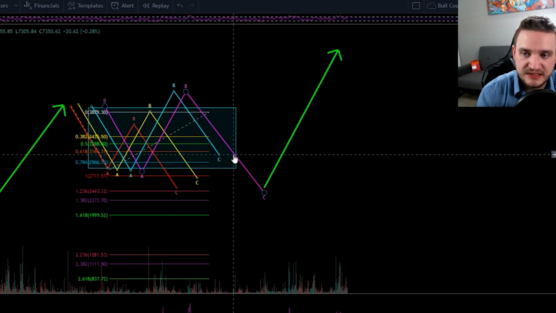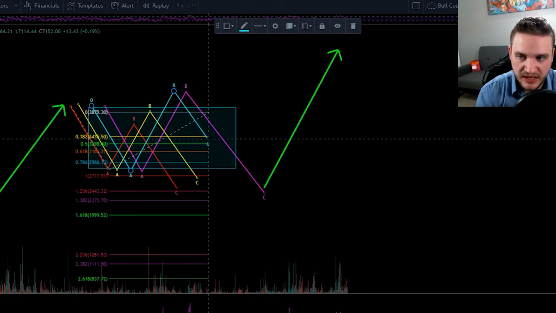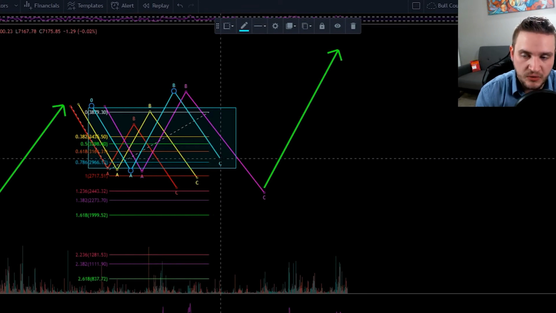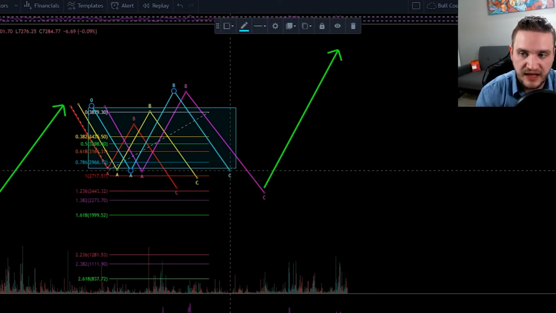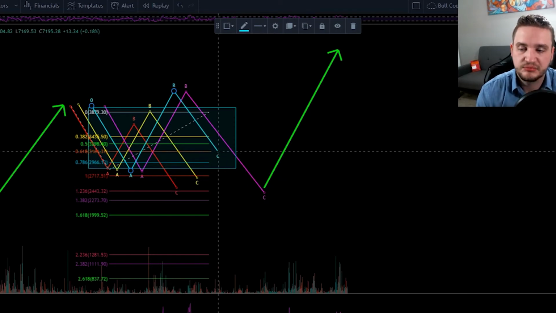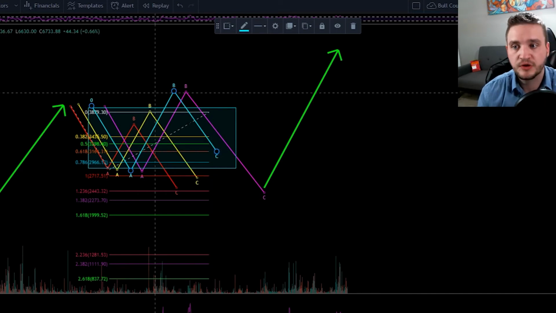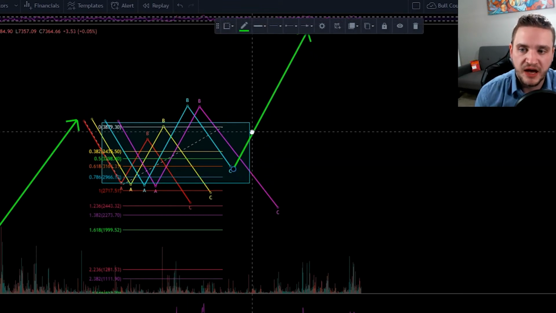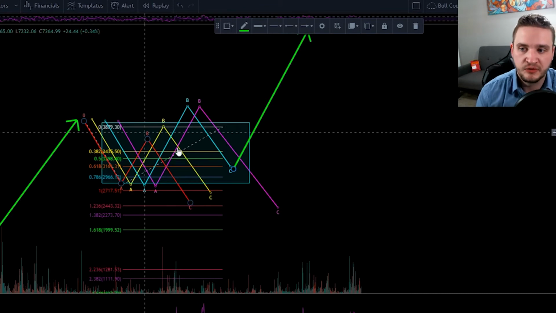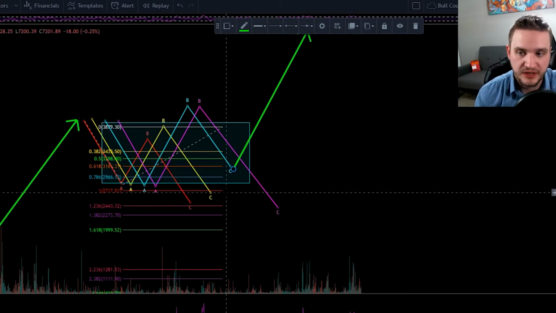And on the exit, I know that the worst case scenario is going to be a 0.618, which was up here, and then the 1-to-1 here, and then we get into the expanded flats versus the running flats. So I'm going to take profits off the table at the 0.618 or the 1-to-1 for a running flat, so that I don't miss out on this moving upwards at the 1-to-1 of a running flat instead of an expanded flat. And that's because I'm trading counter trend.